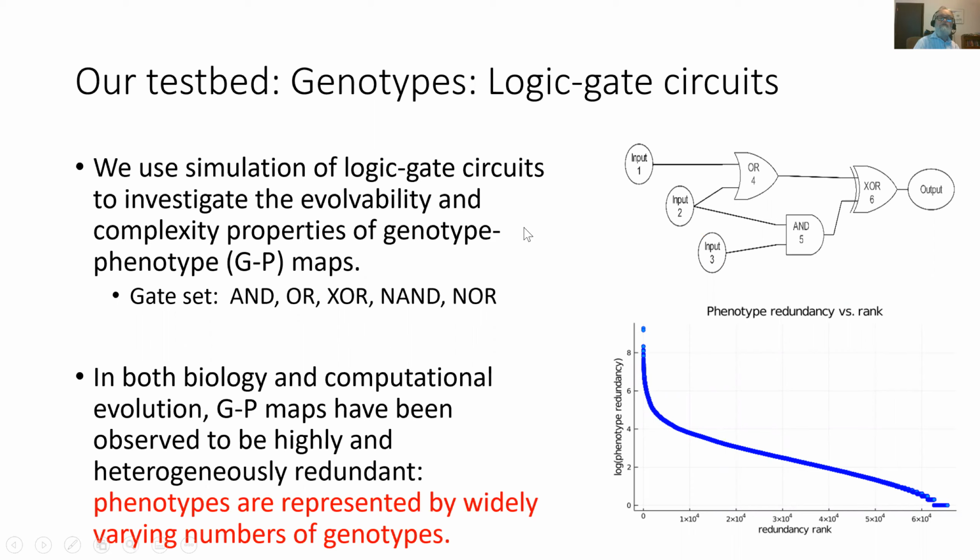And these are highly heterogeneously redundant. We computed the plot on the lower right by sampling 10 to the 10th random circuits and counting how many phenotypes found. So the redundancy varies by at least 9 orders of magnitude.